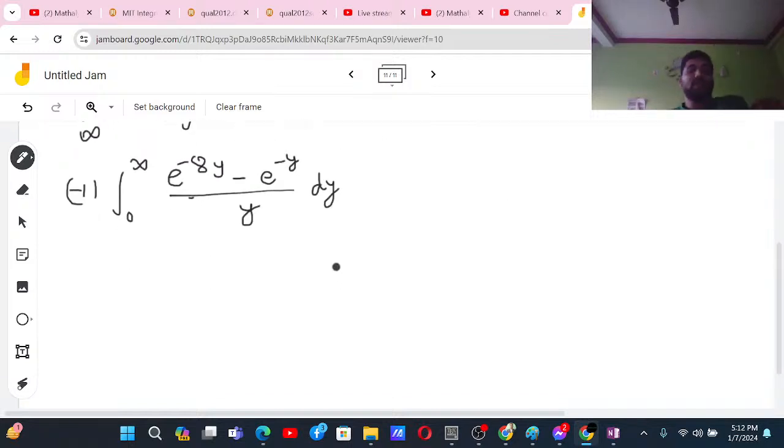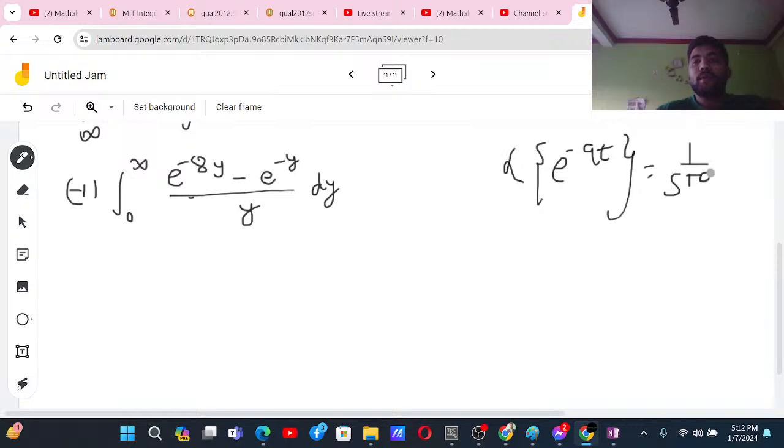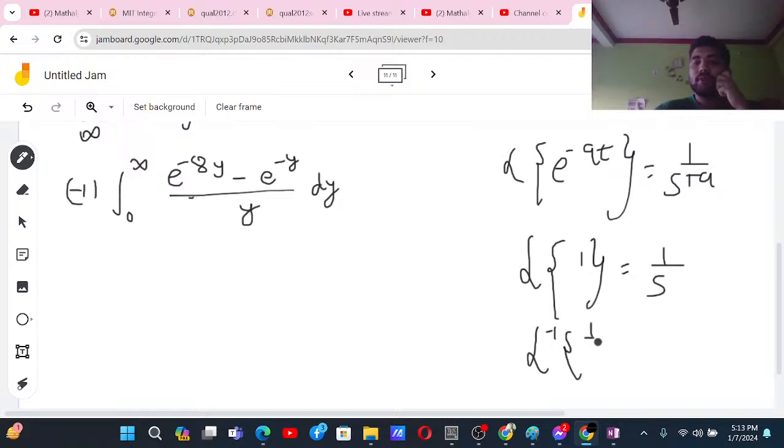Now you can use the identity. So you need to know that the Laplace transform of e to the power minus at is 1 by s plus a, and the Laplace transform of 1 is 1 by s. So the Laplace inverse transform of 1 by s is just 1.